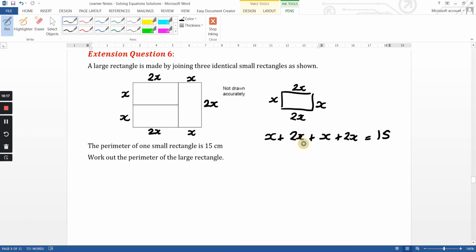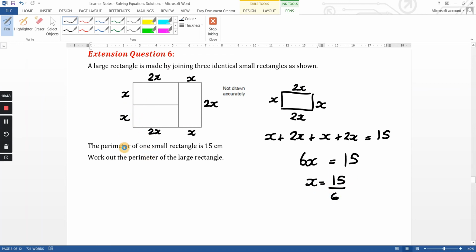So that's 1, 3, 4, 5, 6. 6x equals 15. So x is, if you divide both sides by 6, 15 over 6. This might be on a non-calculator paper, so let's assume it's on the non-calculator paper in the exam. You haven't got your calculator. Let's just leave x as that.